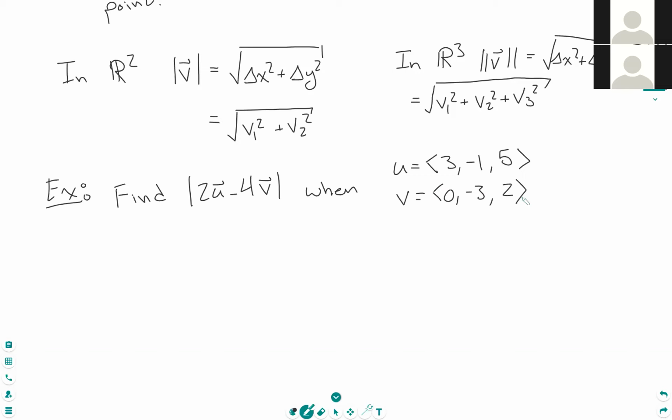Before we dive in, let's talk about what we might need to calculate. We're going to have to calculate the magnitude of the vector that's inside here, this 2u minus 4v. But to do that, I need the vector 2u, and I also need the vector -4v, right? So why don't we go ahead and calculate those first?